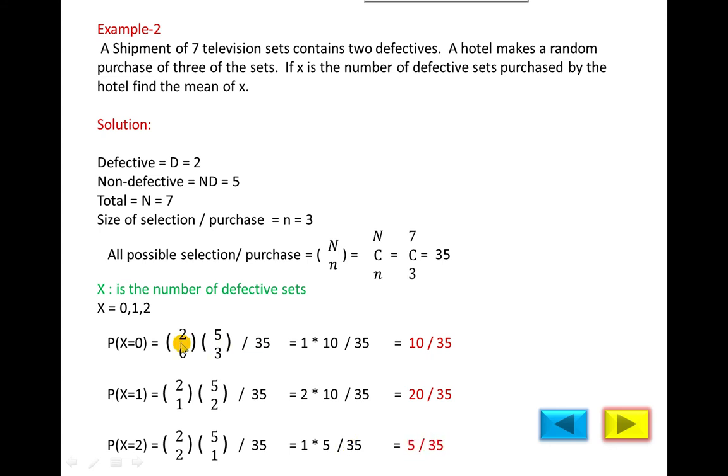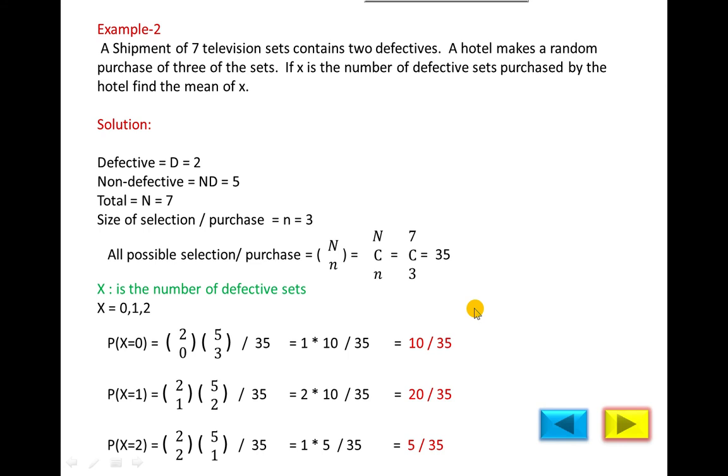So if you represent the value of x with corresponding probabilities, the table is called a probability distribution table, and then you will find the mean of x. So in this question, 2 topics are included.